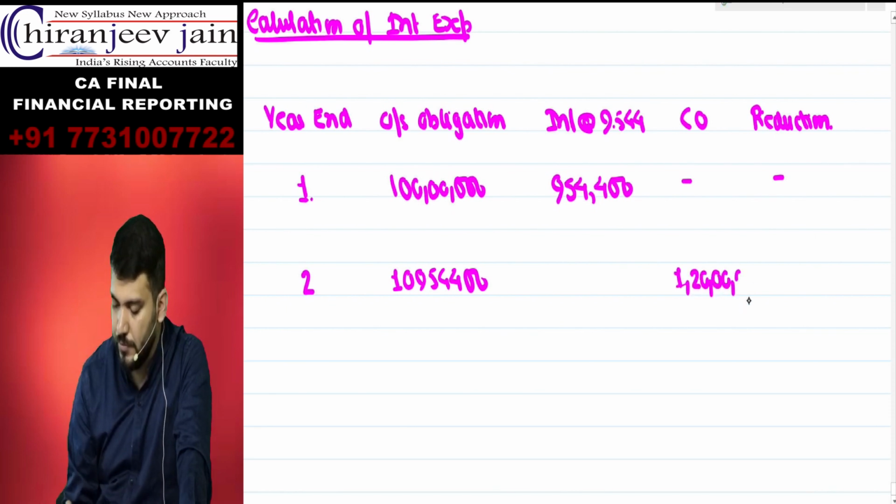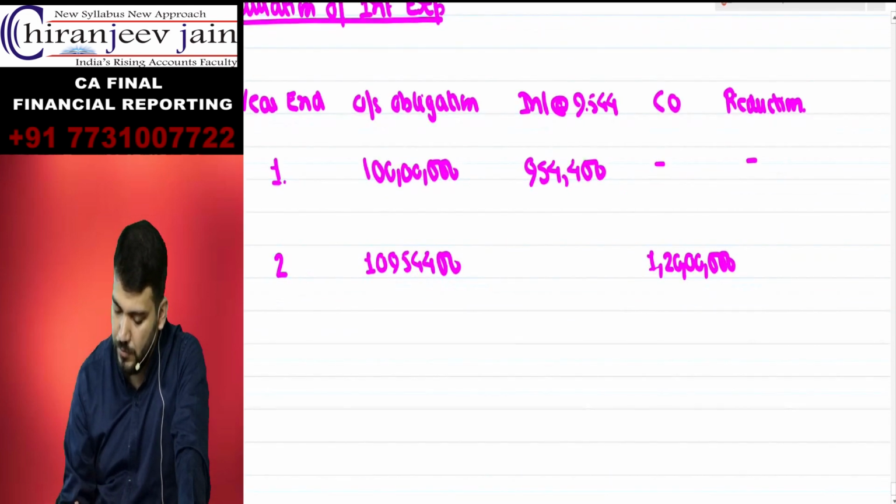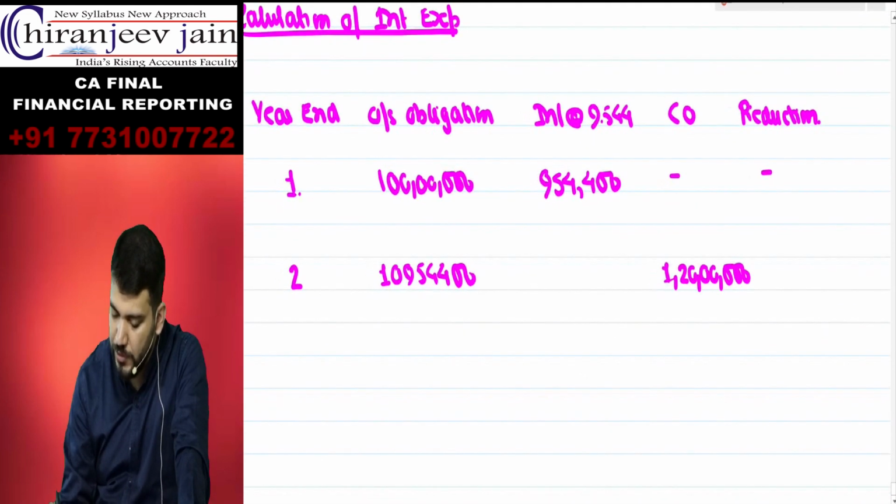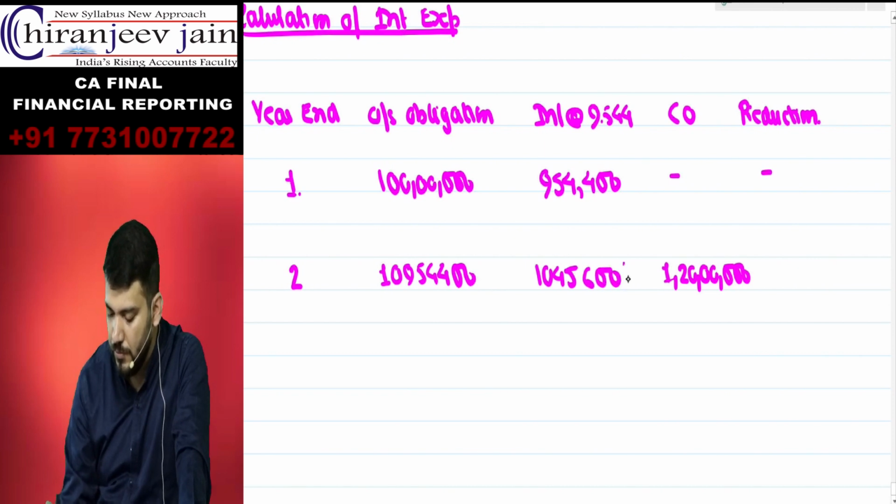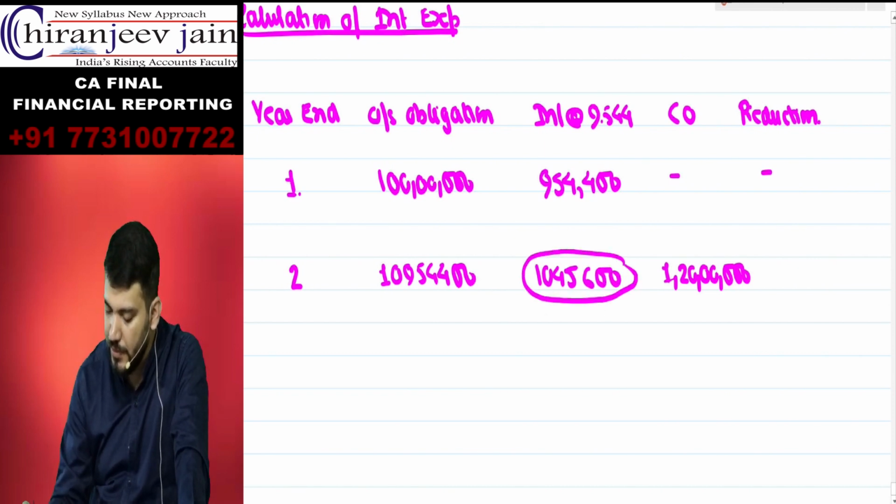Difference. Difference is what? 10 lakh 45,600. Okay. And reduction in liability will be what? 109 544 00.